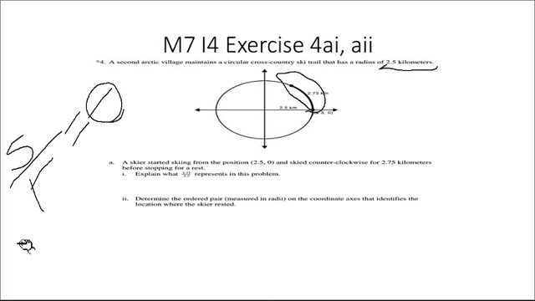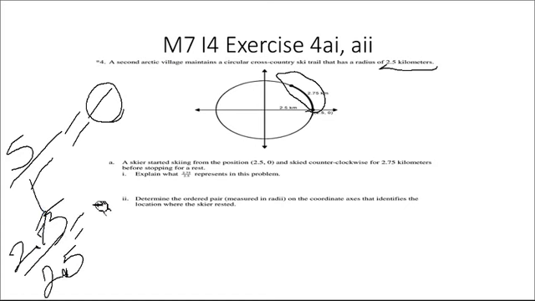And so the skier has traveled 2.75 over 2.5, our radius, equals 1.1 radians, and that's to say that we've traveled 1.1 radius lengths.